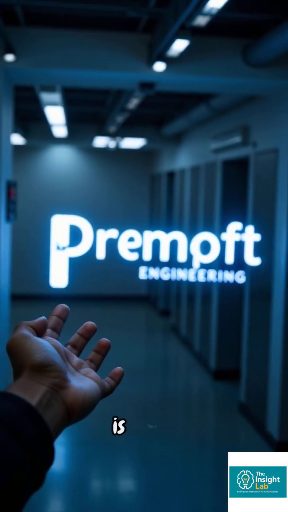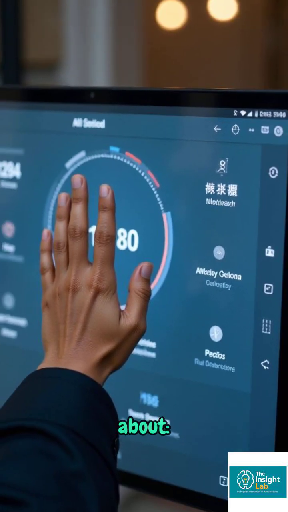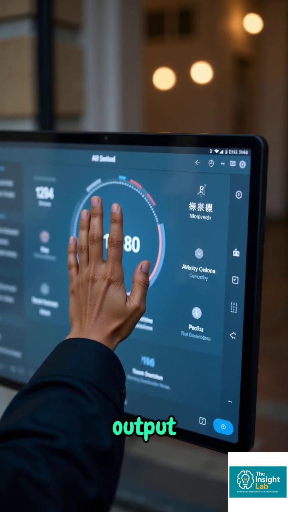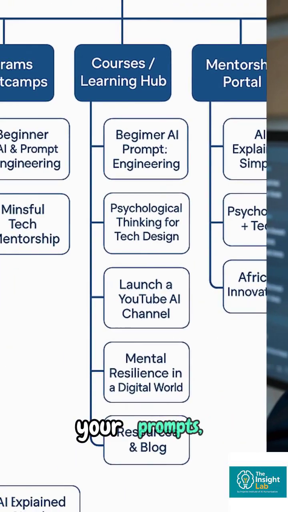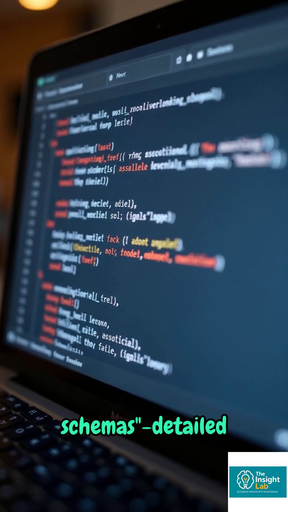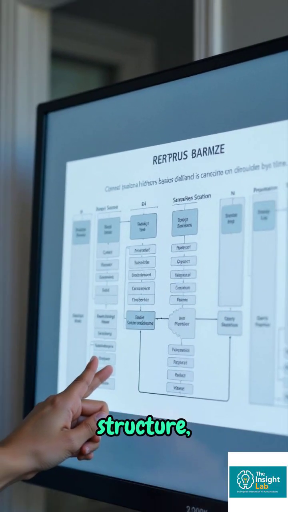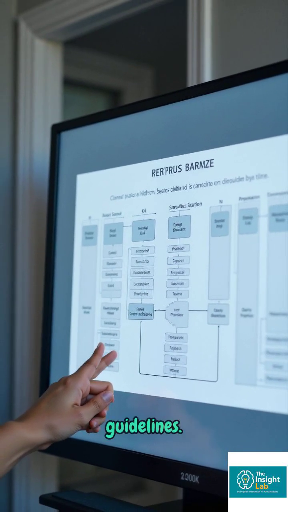Prompt engineering is your secret weapon. Here's something most people don't talk about. The quality of your AI output is 80% about your prompts, not the AI model itself. I spent months refining what I call my conditioning schemas, detailed prompts that give the AI context, structure, constraints, and clinical guidelines.